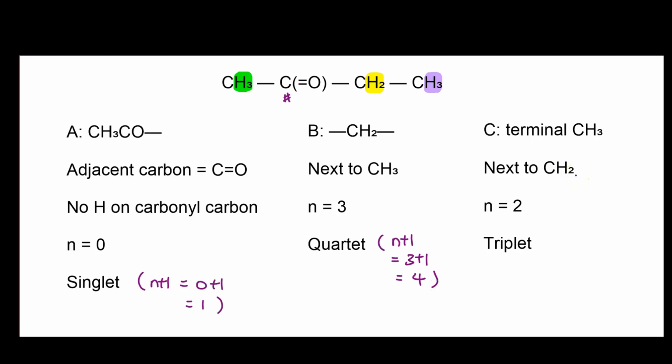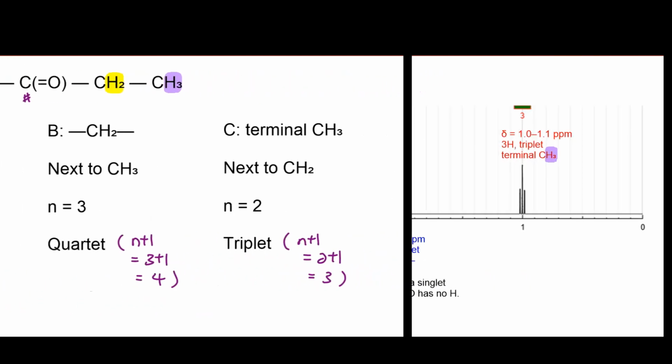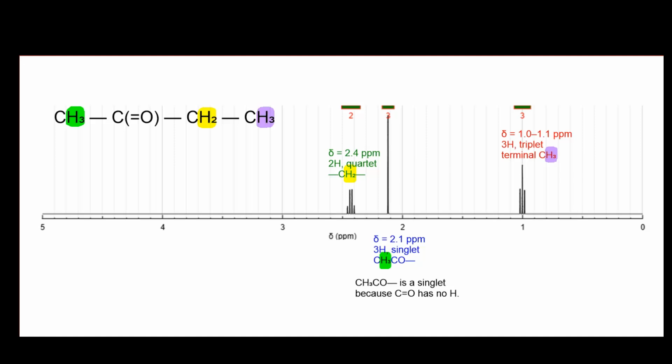The terminal CH3 is next to CH2. So, n equals 2. The number of lines observed will follow n+1 equals 2 plus 1 equals 3. Hence, it gives a triplet. Now, we check the butanone spectrum. The terminal CH3 appears as a triplet because it has 2 neighboring hydrogens.